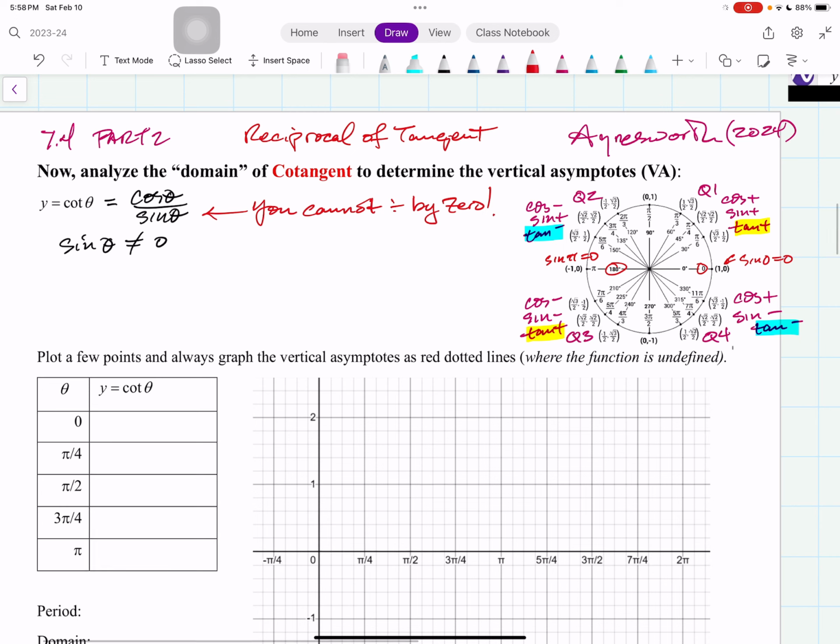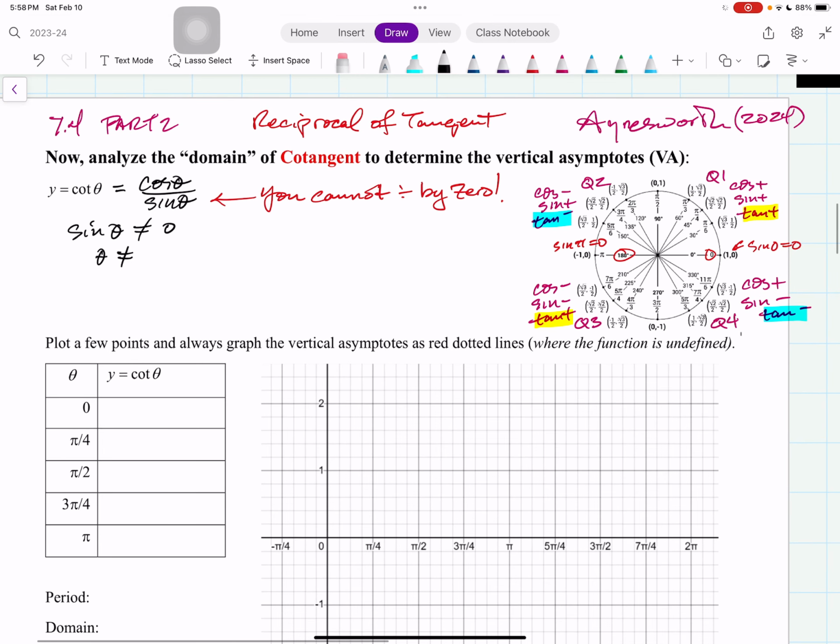So here we go. Because we know that theta, which is our domain, our input angle, cannot be equal to 0, pi, 2 pi, 3 pi, 4 pi, 5 pi, and it keeps on going. So in general, theta can be all reals except k pi, where k is some integer.